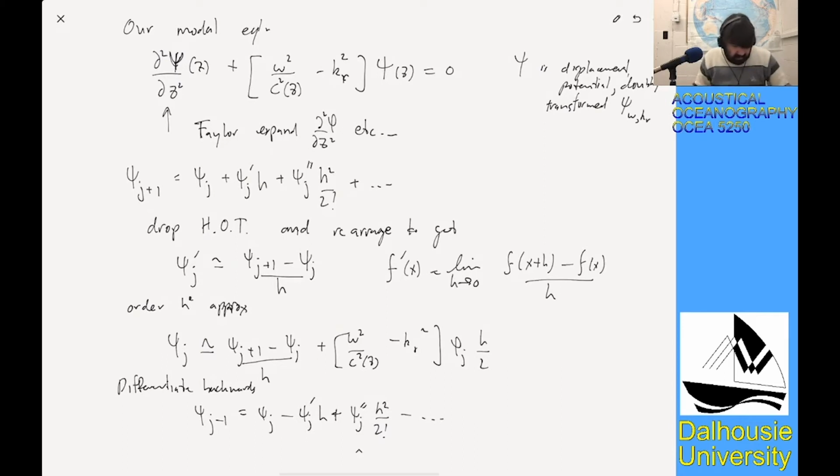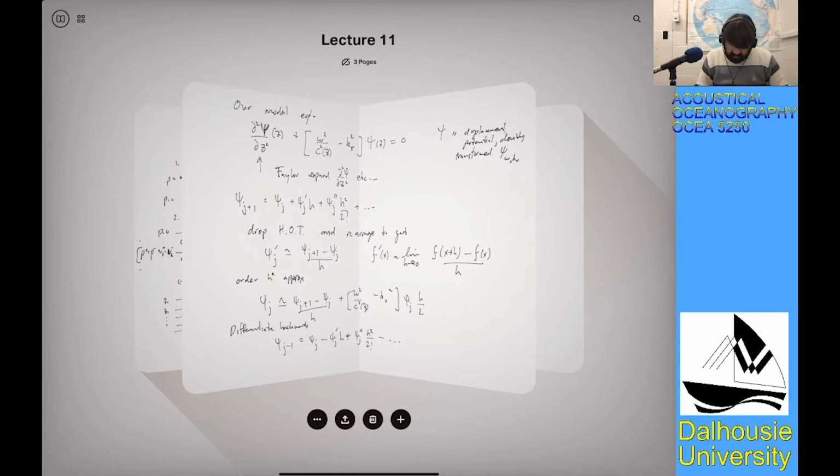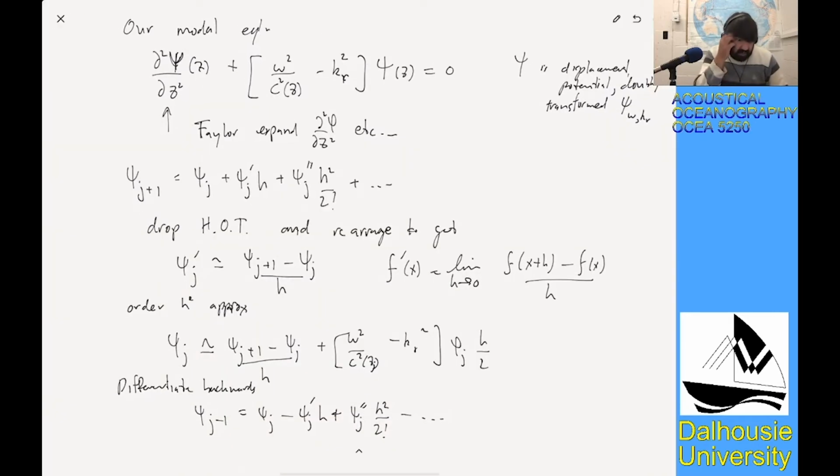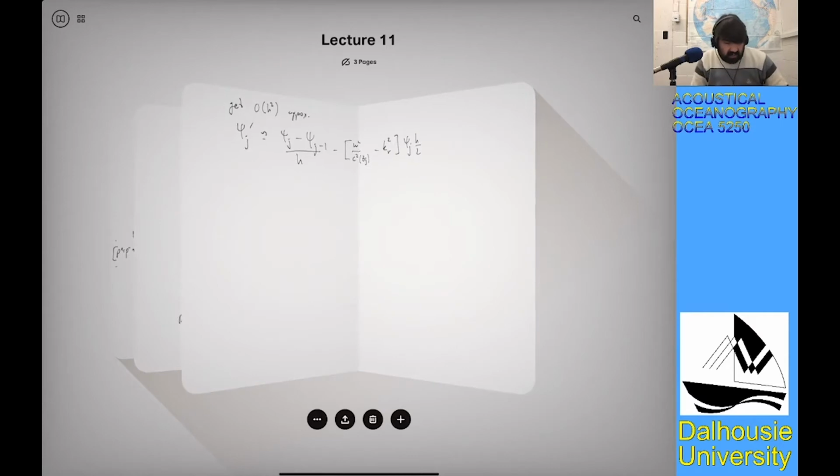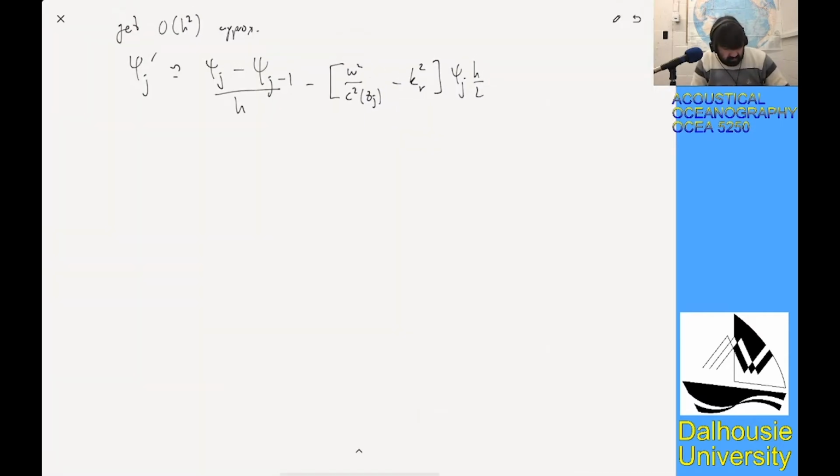So we can combine this equation for the forward differentiation with the backward differentiation, and we get the centered differentiation, which we'll call the centered difference, which comes out as psi j minus 1 minus 2 psi j plus psi j plus 1 all over h squared.